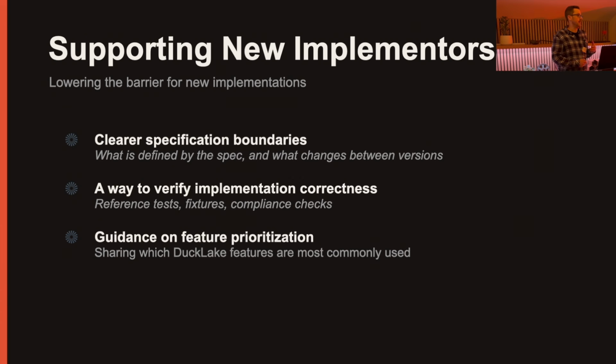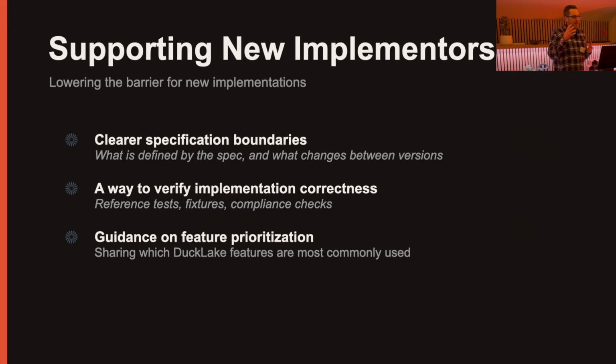Building on top of that is, how do we know our implementation is correct? The common way to do this is to use an implementation that already works to test against, and that's basically what we did. But the problem with this is that every new implementation that comes along has to build their own little wrapper and harness around that to make it work. So something we think would be really great is centralizing this information.